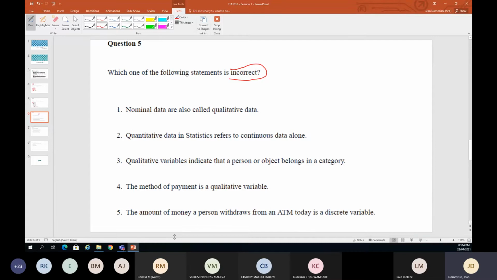And where this is very important is that when you think correct, normally the first one will be correct, because you're in that mode of looking for the correct answer. So it's very important to note in the exam when they swap over to incorrect, so that you don't fall into the trap of looking for the correct answer. So let's look at which one is incorrect. Does anybody want to give it a go?